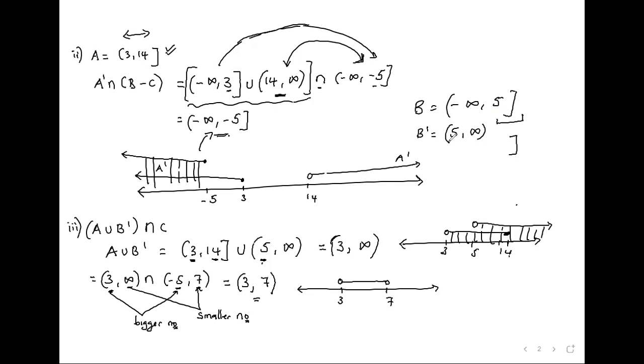Because this is B complement, we now want to get a union with A. So unite B complement to A. When getting the union between these, 3 and 5, you pick the smaller number. And between 14 and infinity, pick the bigger number.